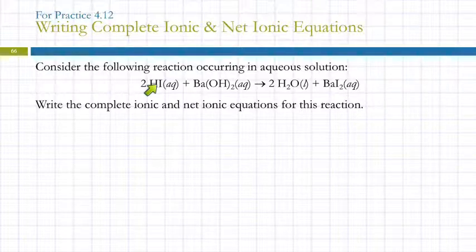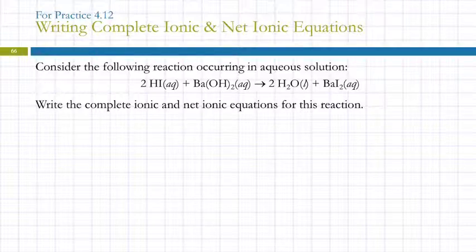So we're going to look at these substances and we're going to pay attention to the state symbols. If it's aqueous, there's a good chance we need to separate it into ions. So looking at this first one, HI. Is that an acid? Yeah, it's an acid. So we have to figure out strong acid or weak acid. It's a strong acid.